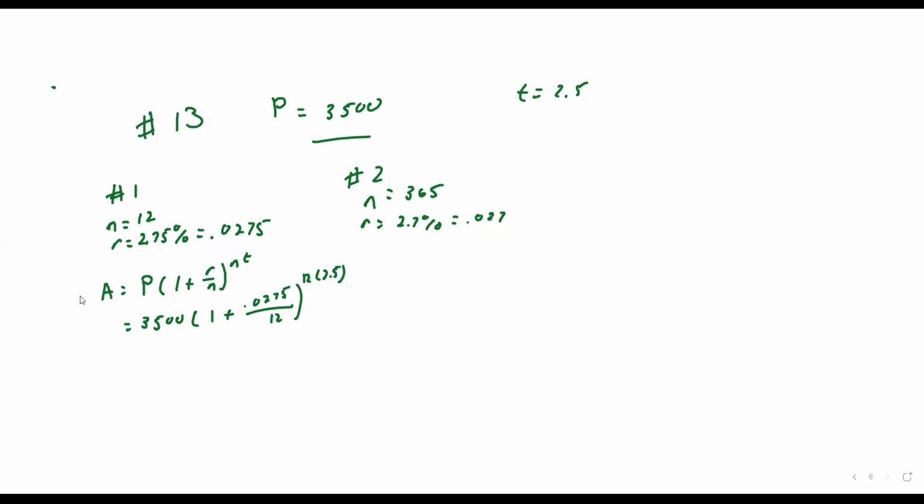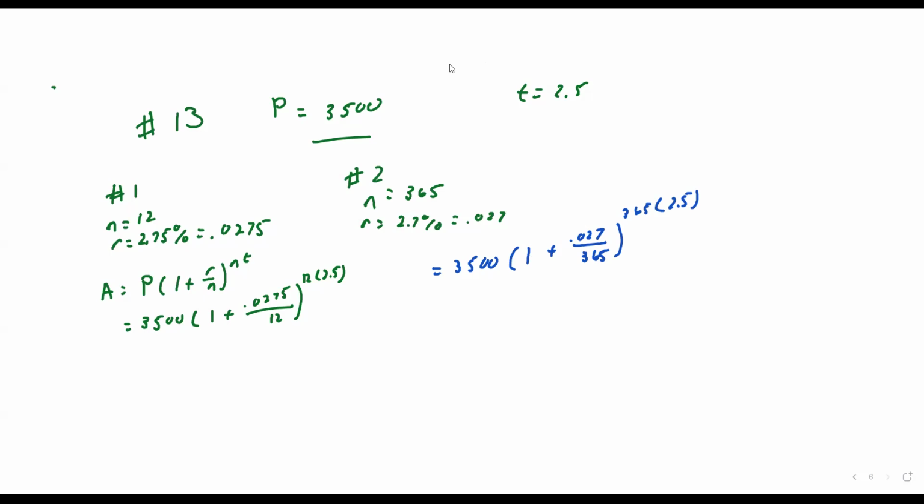The other equation, so that we can have both and we can just plug them both in, will be 3,500 times 1 plus 0.027 divided by 365. And this will be 365 raised to the 2.5. So we'll plug in both and we'll basically just see, hey, which one gives us the greatest yield? And then that will be the bank that we choose.